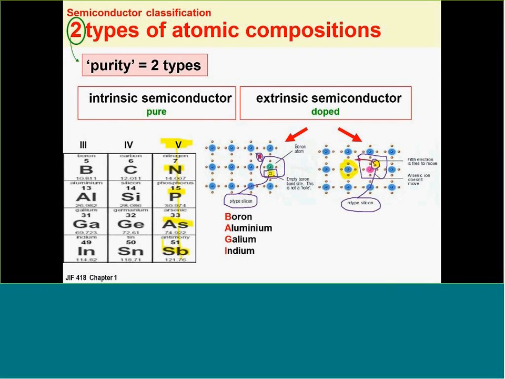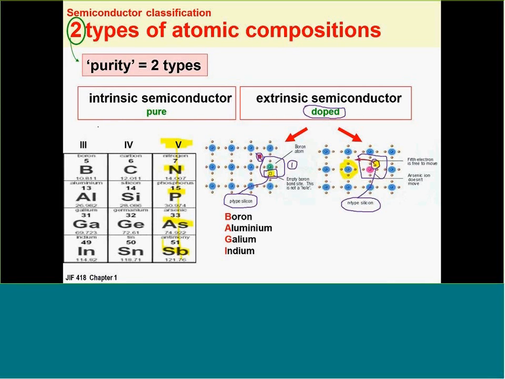So, what are the conditions for a semiconductor to be doped? First, it must replace the host atom, not in the interstitial.